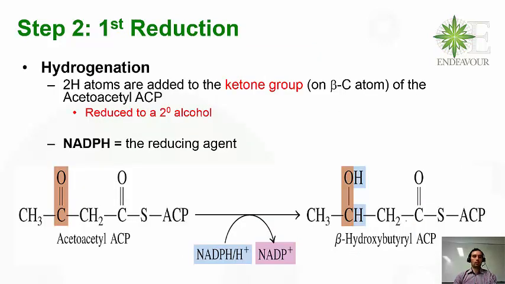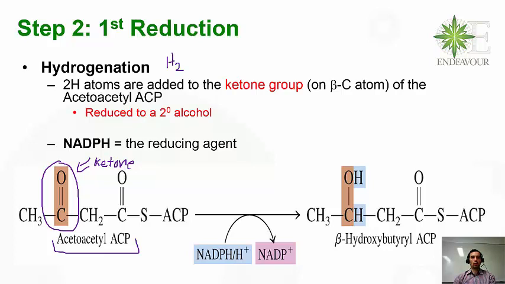So now that we've got this acetoacetyl ACP, we can start modifying the group that we show here in the orange color. This is our ketone group that is going to be modified to our alcohol. That's what we're doing in this reaction. We're doing a hydrogenation reaction, which is the addition of hydrogen, and that's allowing us to convert our ketone group to our secondary alcohol.